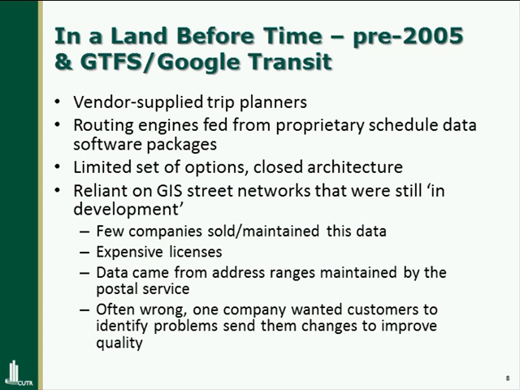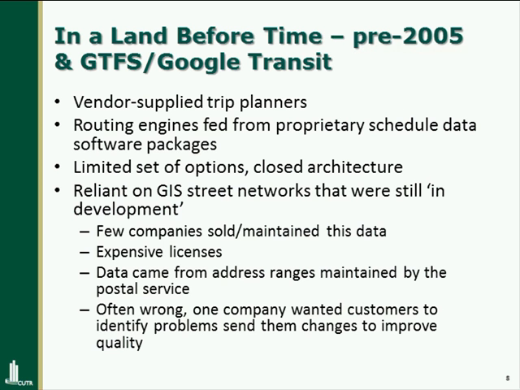There were some issues with these systems in that they were reliant on street networks that were still in development. I don't know how many of you have made extensive use of any transit trip planners, but you take for granted the quality of the data that goes into the street networks that underlie the routing.